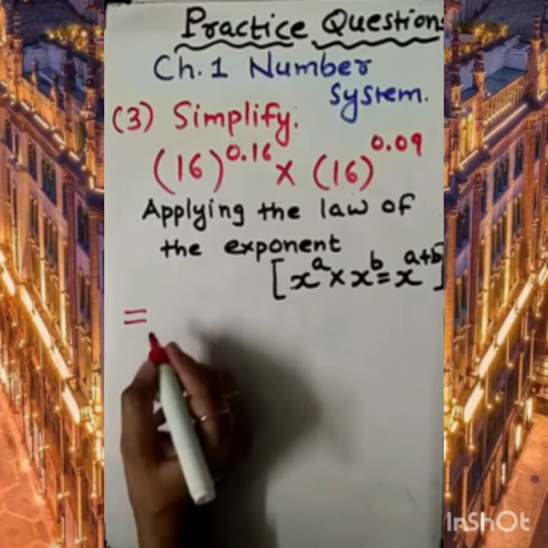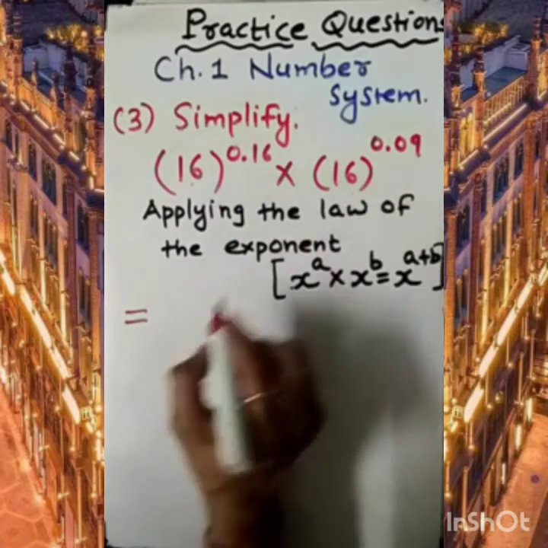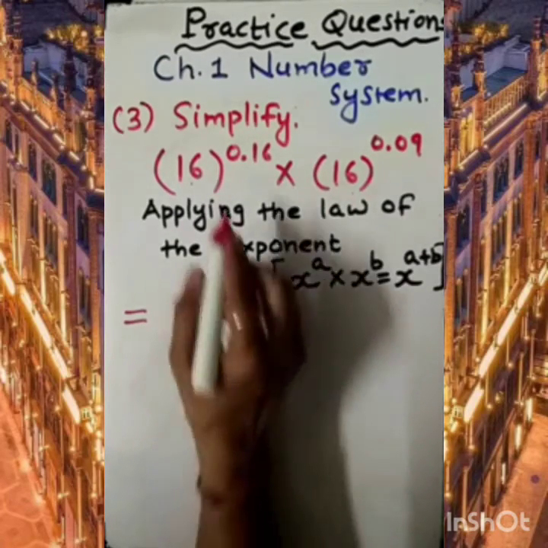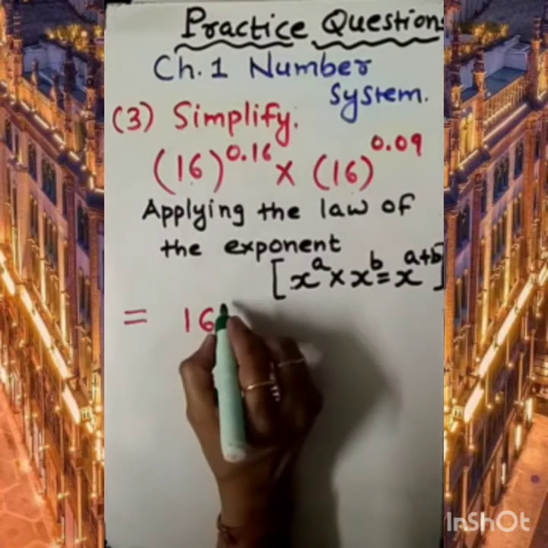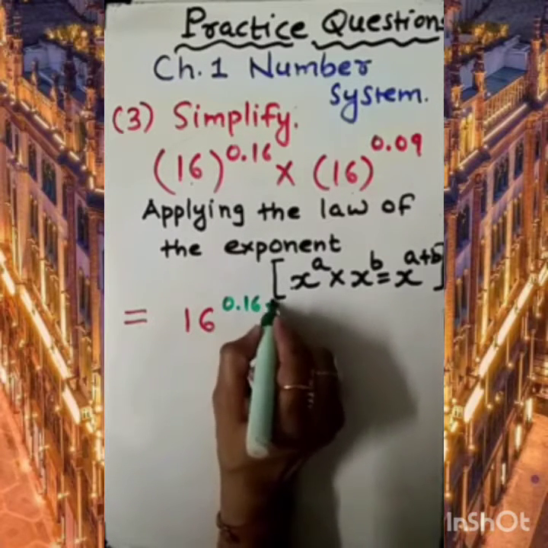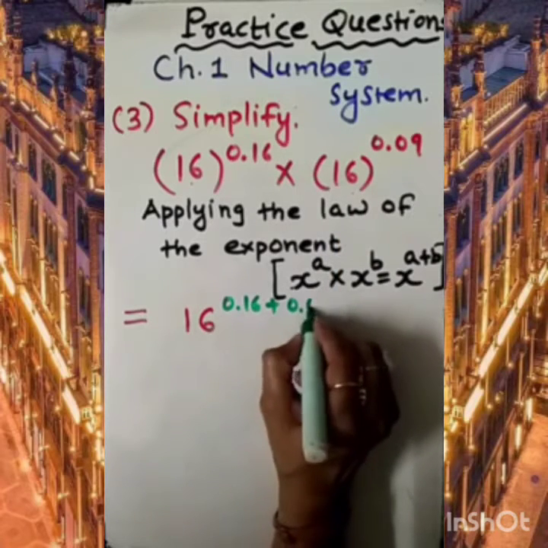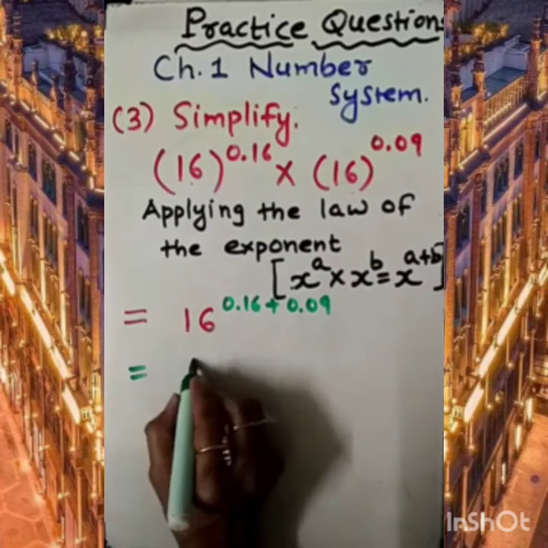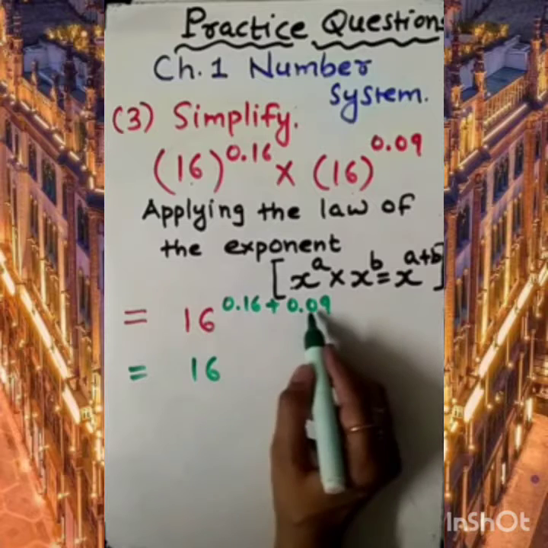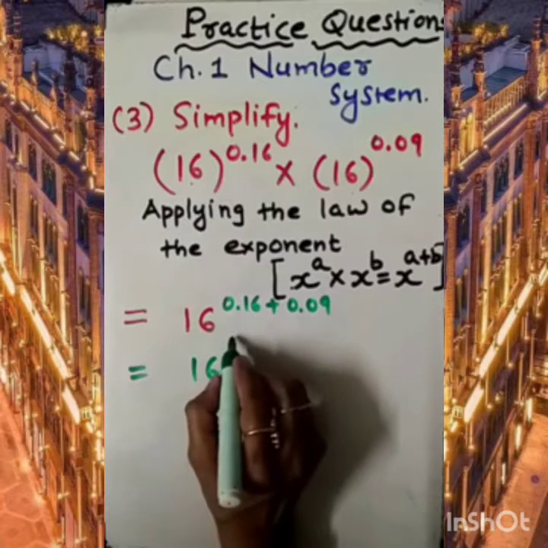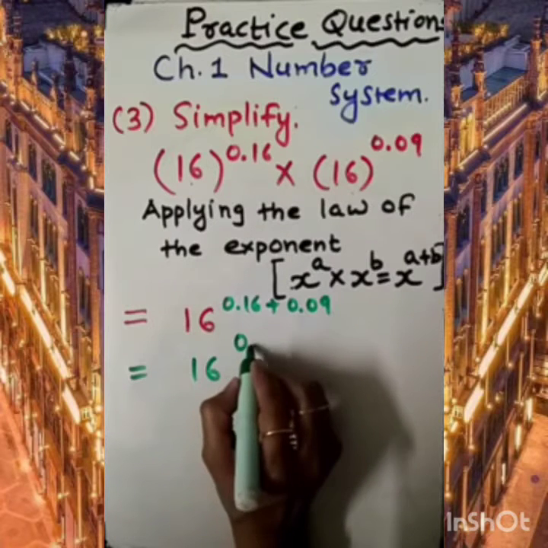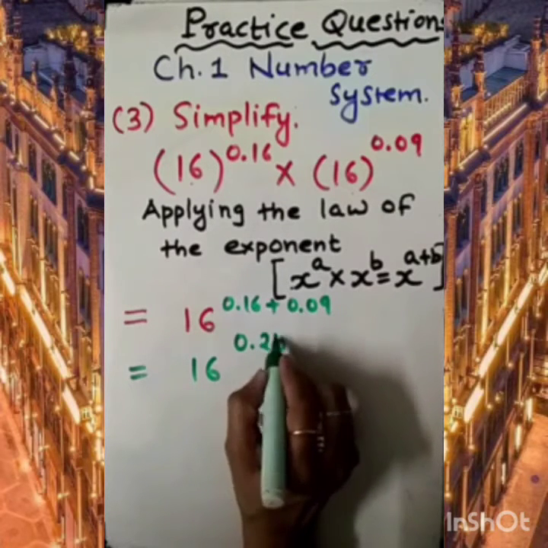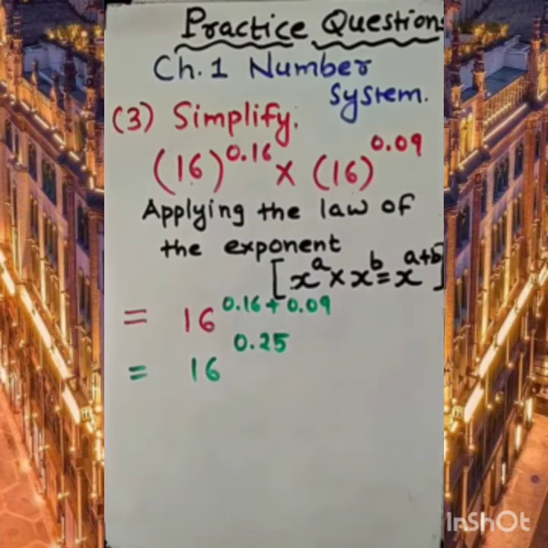So what do we have here? 16 is a base which is similar. So what should we write in the exponent? 0.16 plus 0.09. Okay, so 16 to the power 0.16 plus 0.09, it means that the sum will be 0.25. 16 plus 9 means 25. Now how to simplify further?